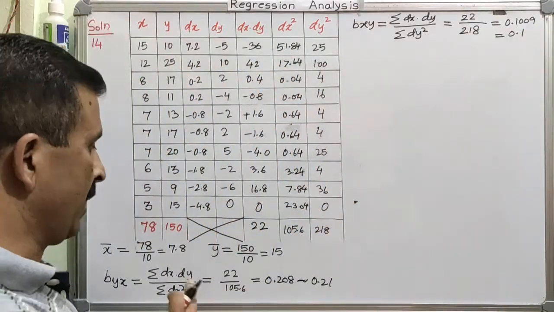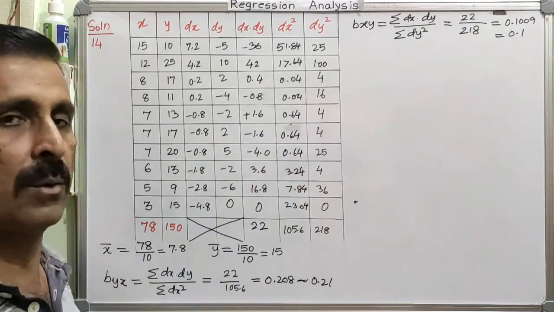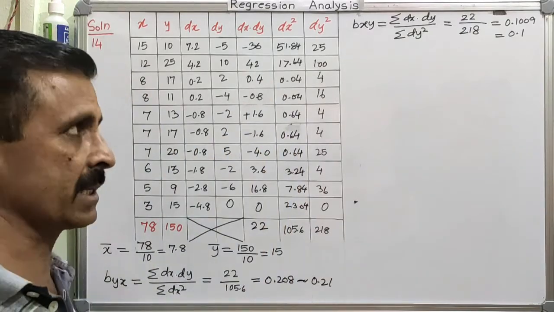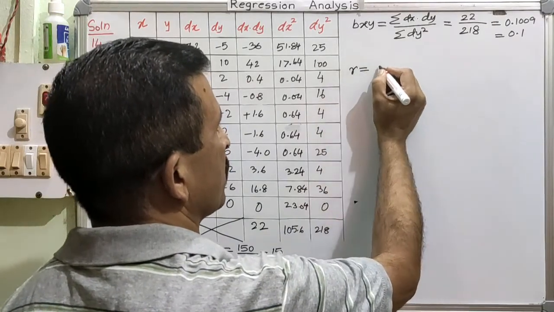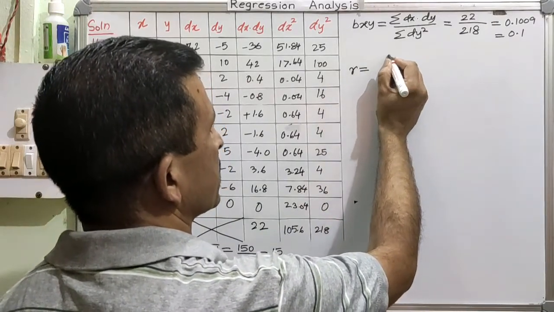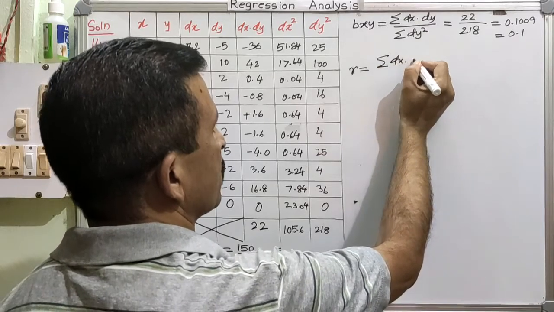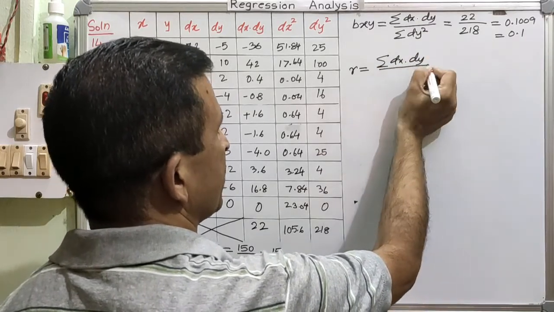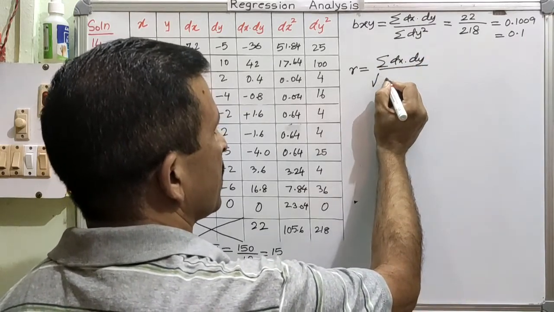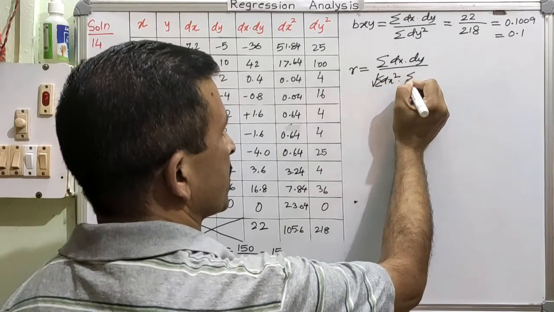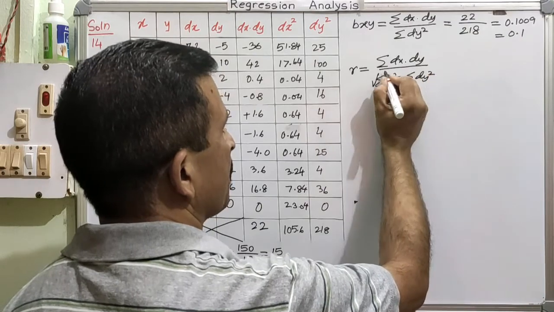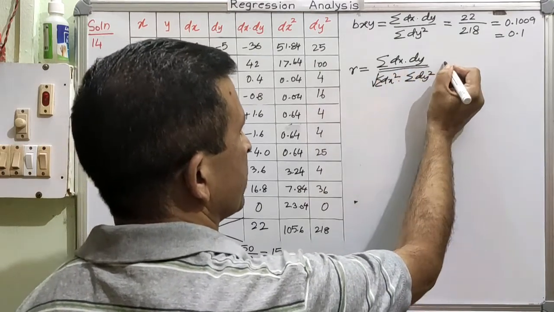Now, after we have calculated the two regression coefficients, we will be able to calculate the correlation coefficient. So r will be equal to the summation of dx into dy divided by the root of the summation of dx square into the summation of dy square. Writing the formula correctly is very important.